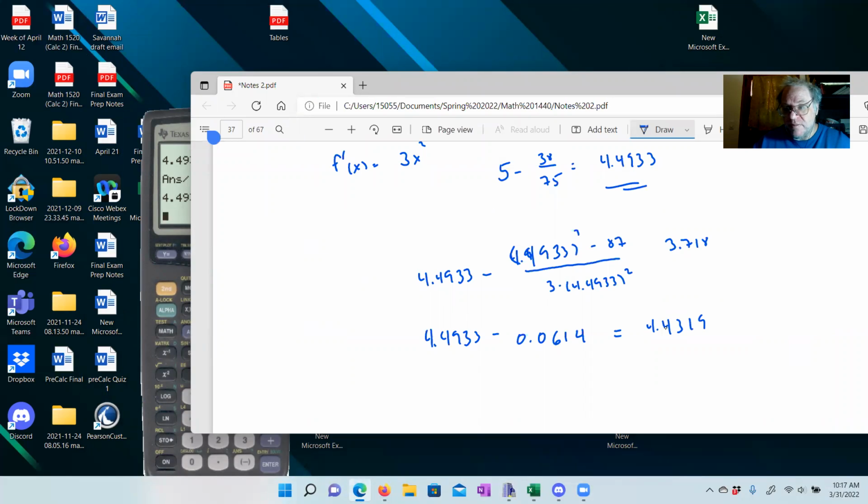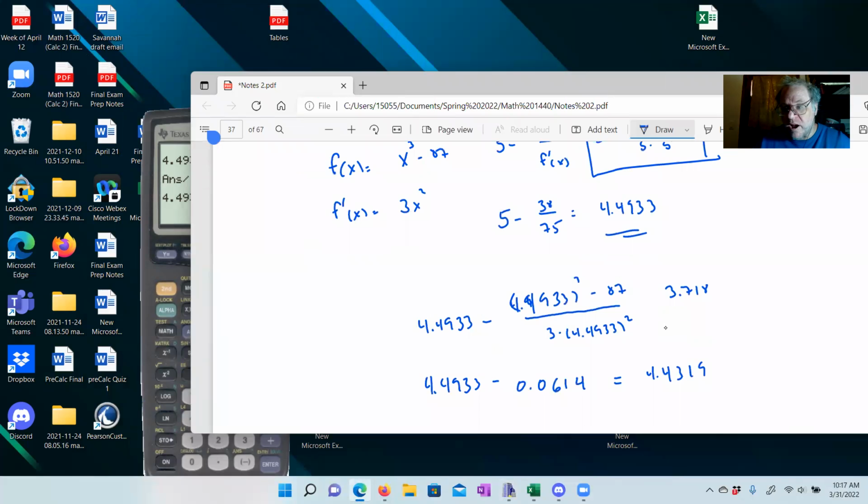First guess was 5. Second guess was 4.4933. So you can see, look at the numbers we guessed. We had 5, we had 4.4933, we had 4.4319. So 4.4 is probably set in stone here. Then it's going to start changing in these decimal places.